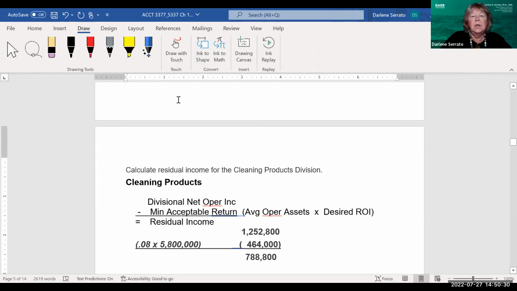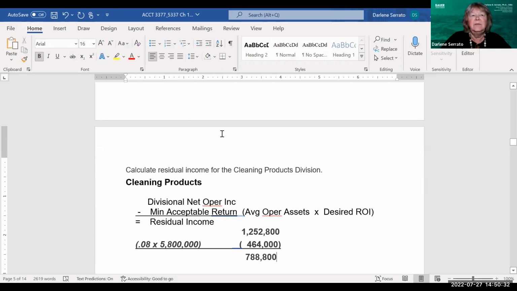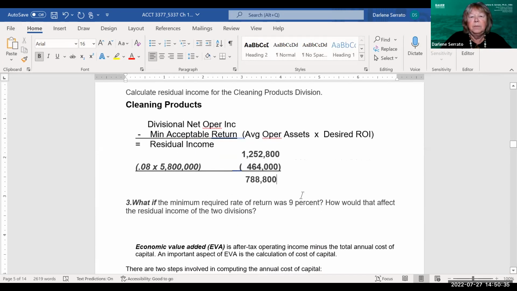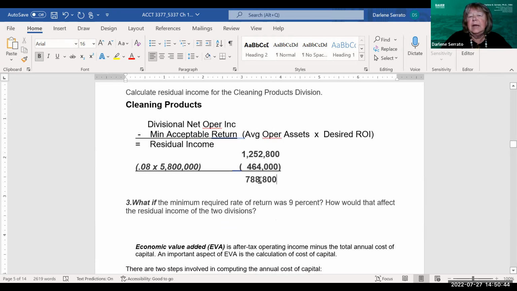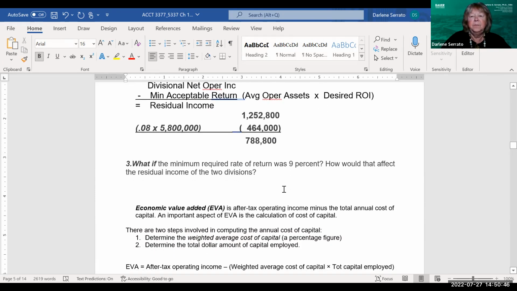Okay. So as long as it is positive, you are doing a good job. We don't look at the magnitude. We do not compare the 2,218,000 to the 788,000.